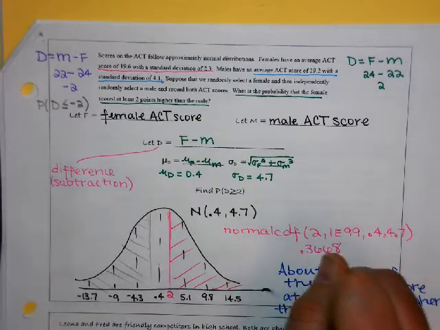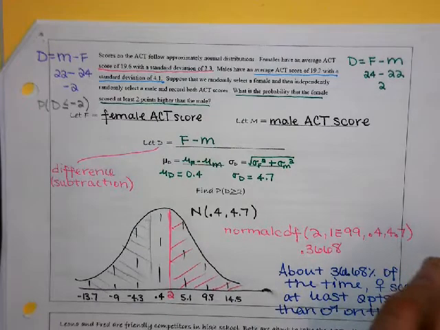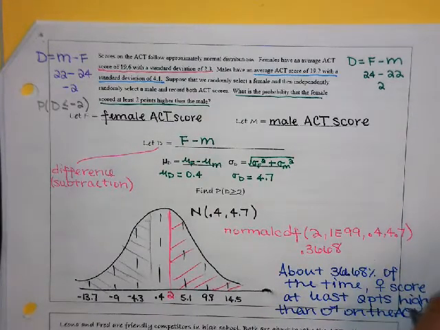So I just interpreted our answer. About 36.68% of the time, females score at least 2 points higher than males on the ACT.